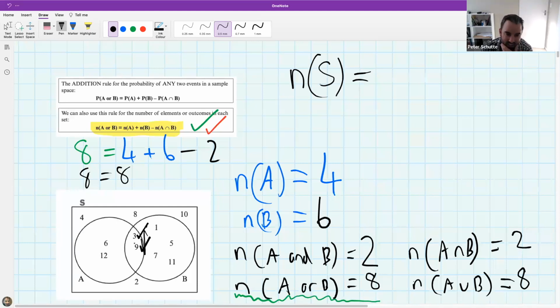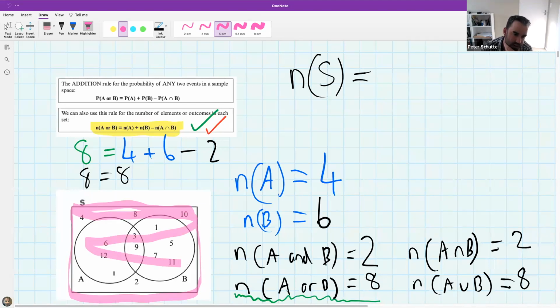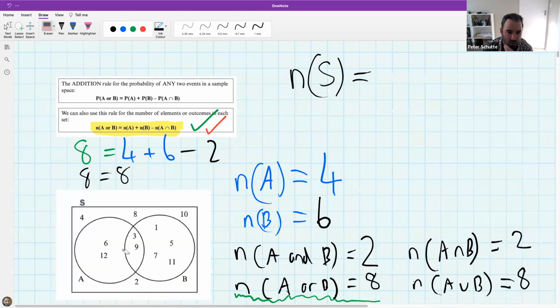S is literally everything in the whole rectangle. In fact, there is an S there, you can see at the top. So I want to know how many items there are in this whole space. You know how many there are inside the circles, but there could be some outside.